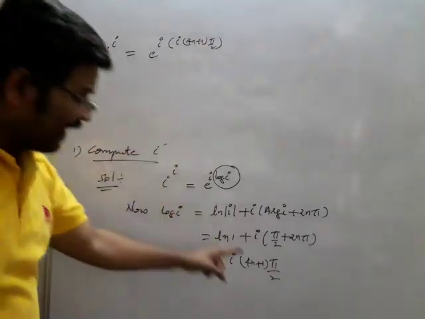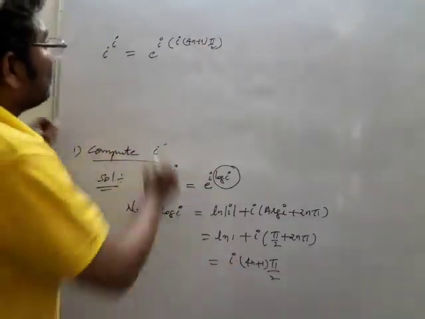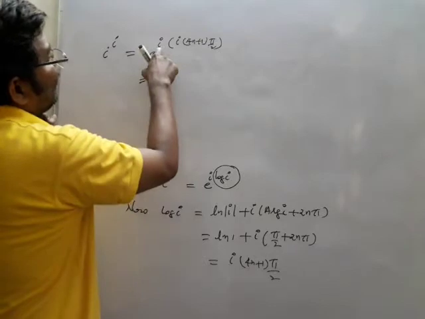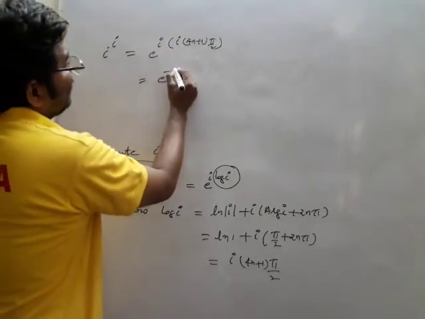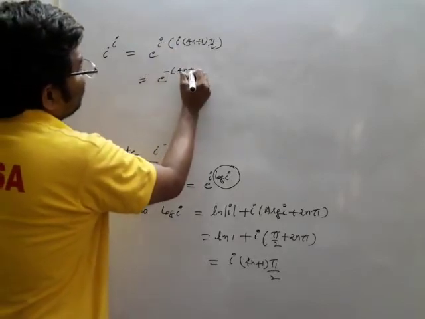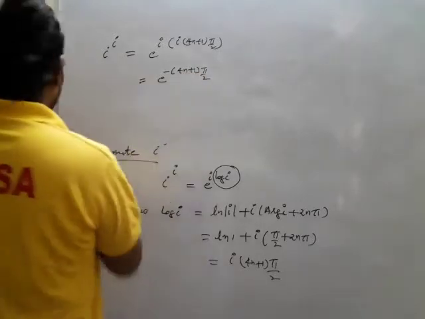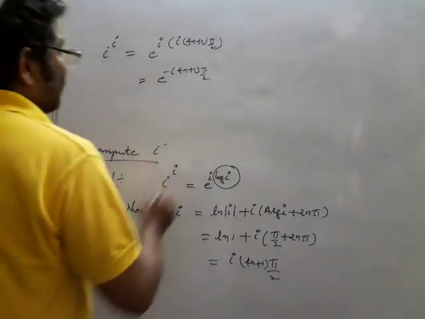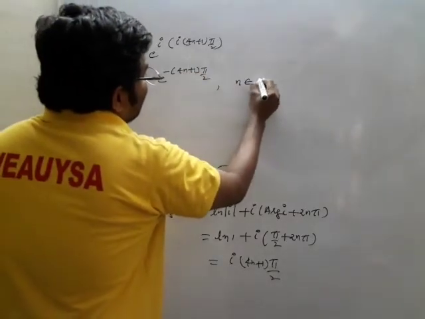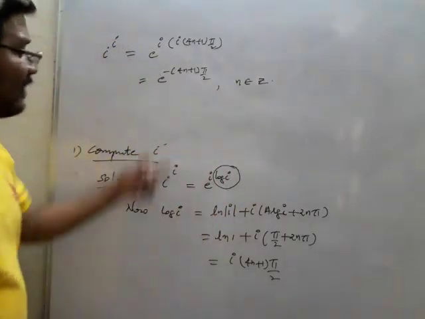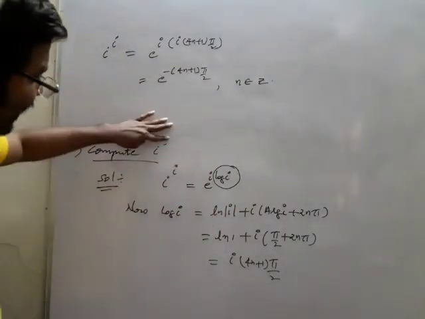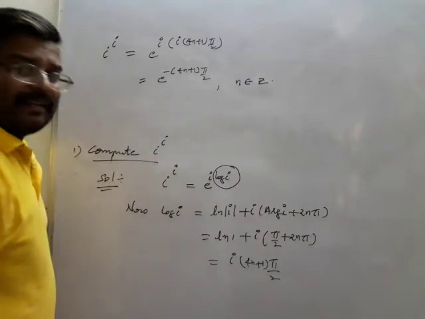This is the value which I got from log i. So multiplying i by i, I get e power minus (4n plus 1) pi by 2, where n belongs to the integers. This is how you can calculate i power i.